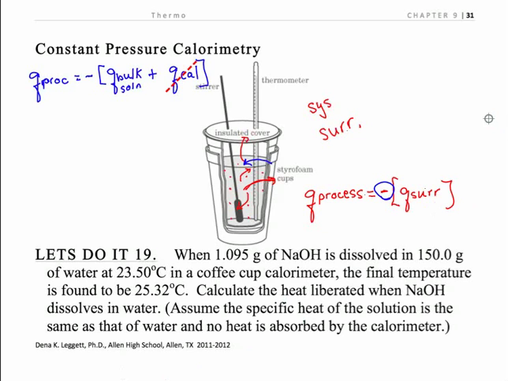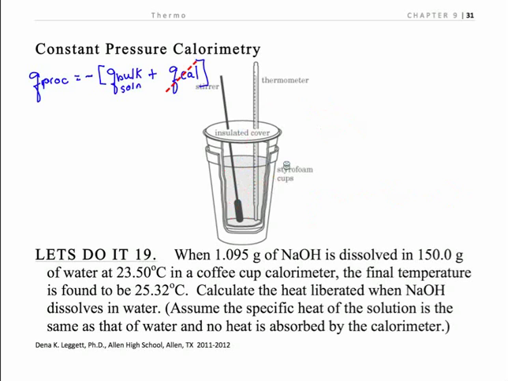So let's take a look at this example. Sorry, I had that on another page for you so we'd have more room, but Mimeo kind of messed up my formatting there. So let's take a look at this question right here. We have 1.095 grams of NaOH dissolved in 150 grams of water in a coffee cup calorimeter, and we have a T1 and a T2.